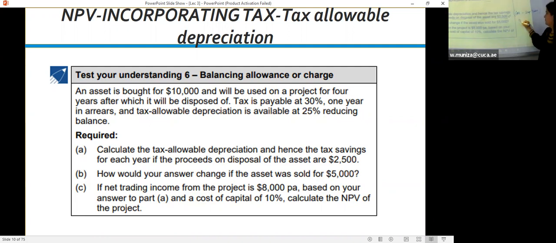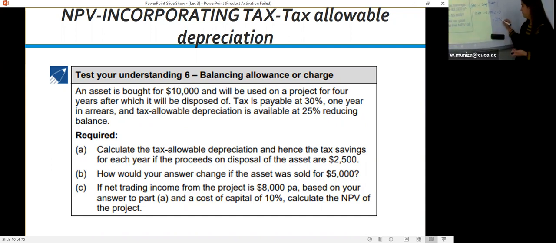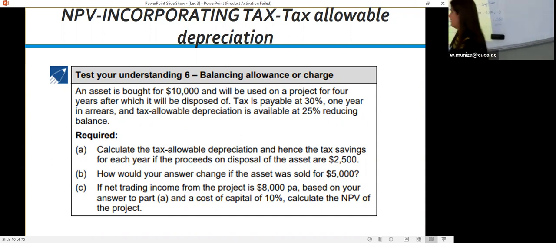Cost is 10,000, scrap value is 2,500, multiplied by 30%. How much is it? 2,250, right? So it is the same. Got it? This is how we calculate the tax allowable depreciation.